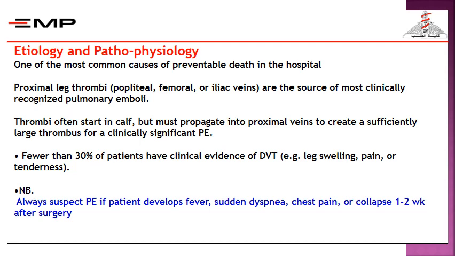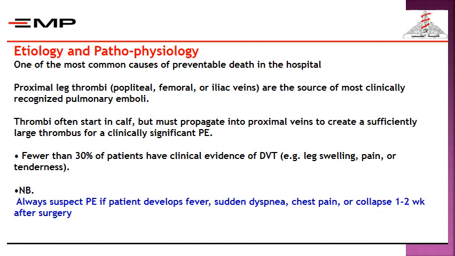Less than 30% of patients have clinical evidence of DVT. It means that if you find pulmonary embolism, try to find underlying DVT, even if it is not clinically evident.